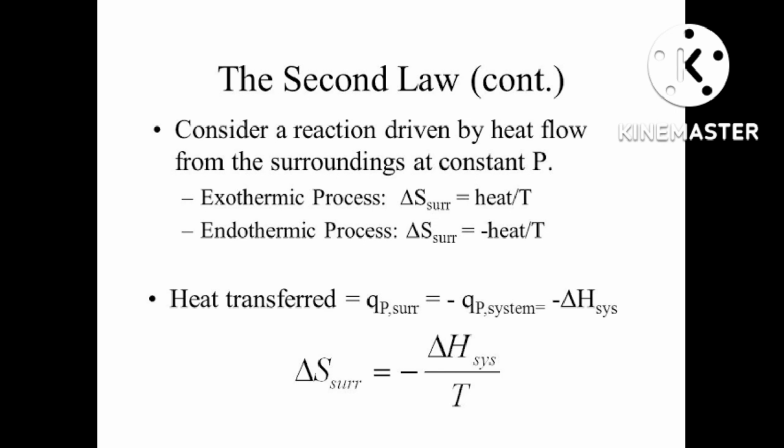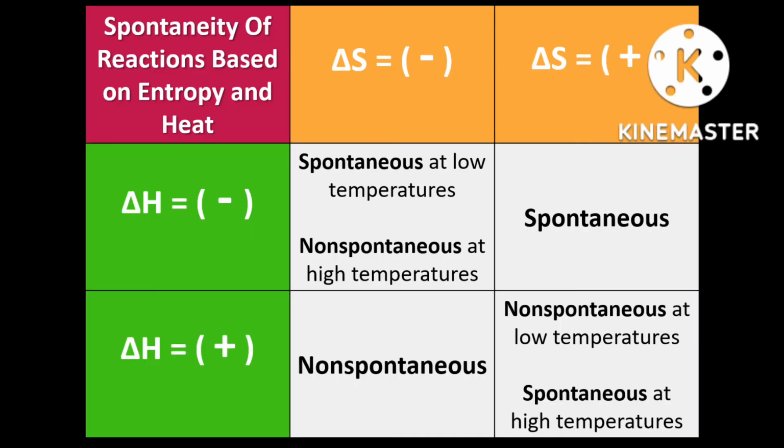Since entropy is a state property, we can calculate the change in entropy of a reversible process with the same formula: delta S system is equal to Q system divided by T. This is the same formula you write only for the system.